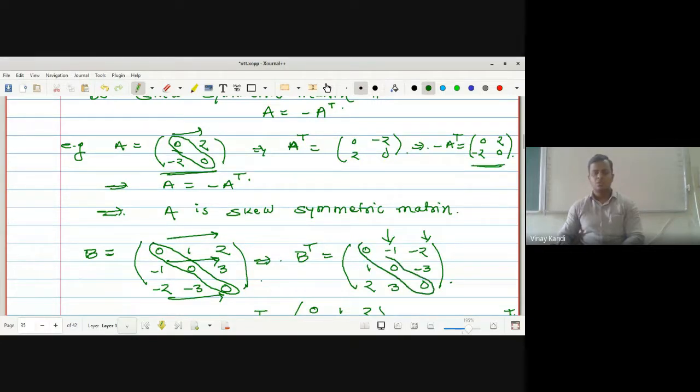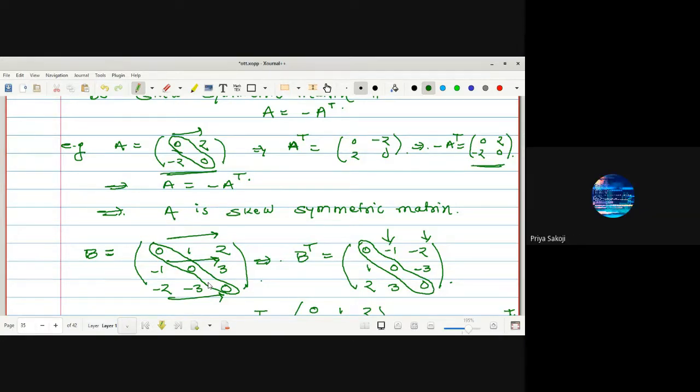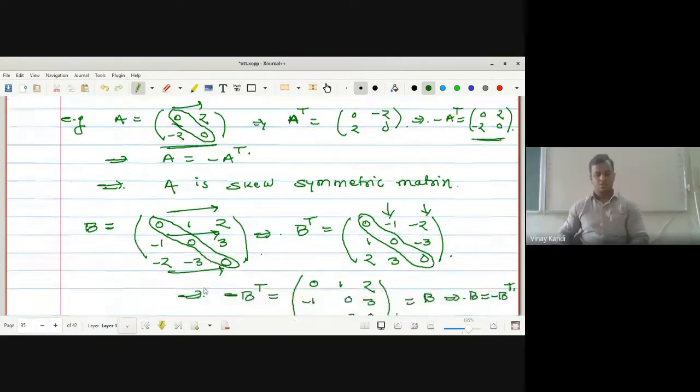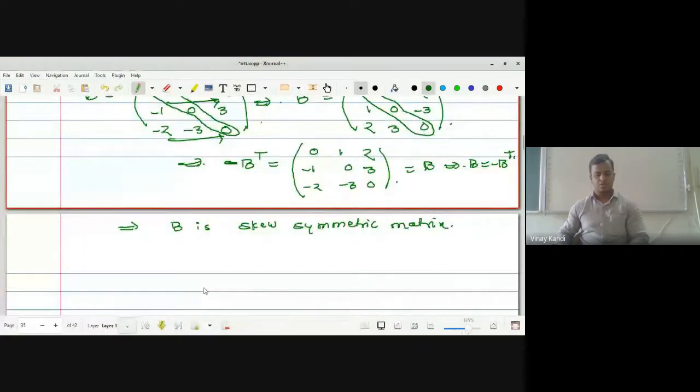If a matrix is skew symmetric, what should all its diagonal elements be? They must be 0. Other than 0 is not possible. If a matrix has a non-zero diagonal element, it can never be skew symmetric. These are the diagonal elements. Okay, understood? Yes. So these are the examples of symmetric and skew symmetric matrices.